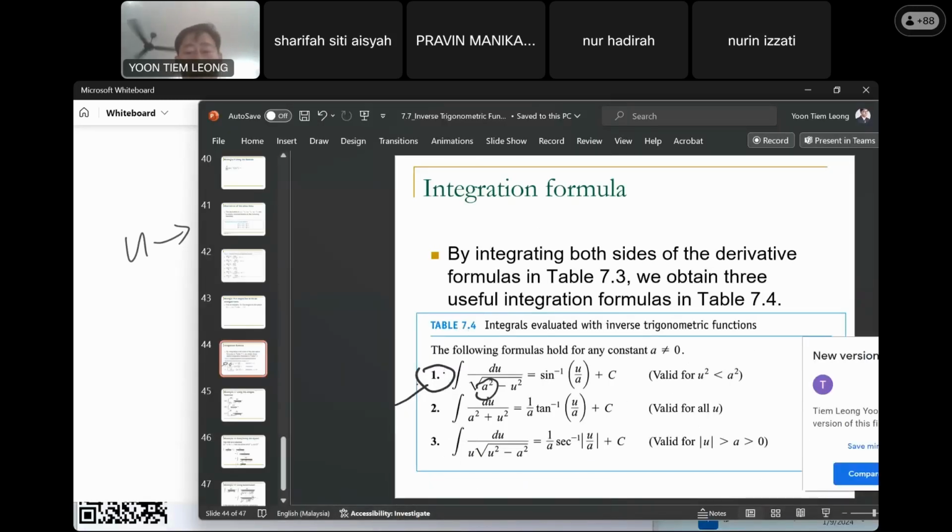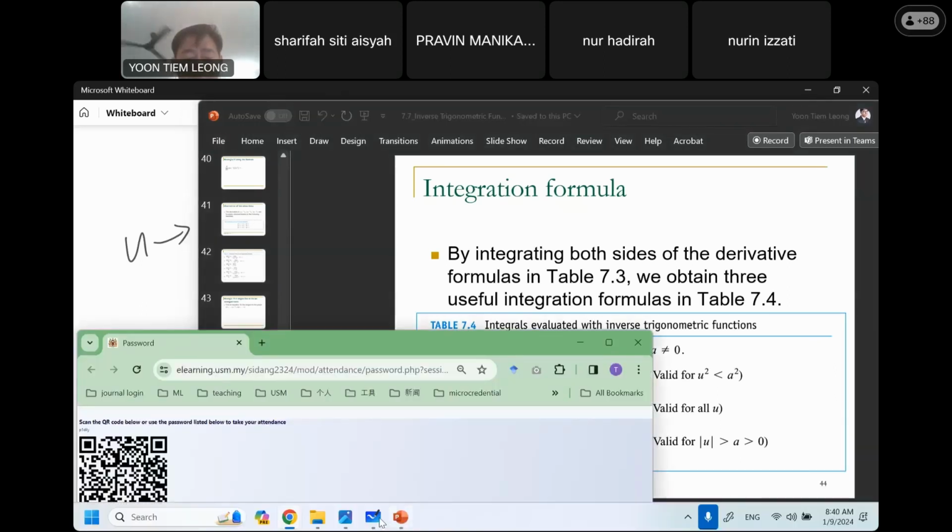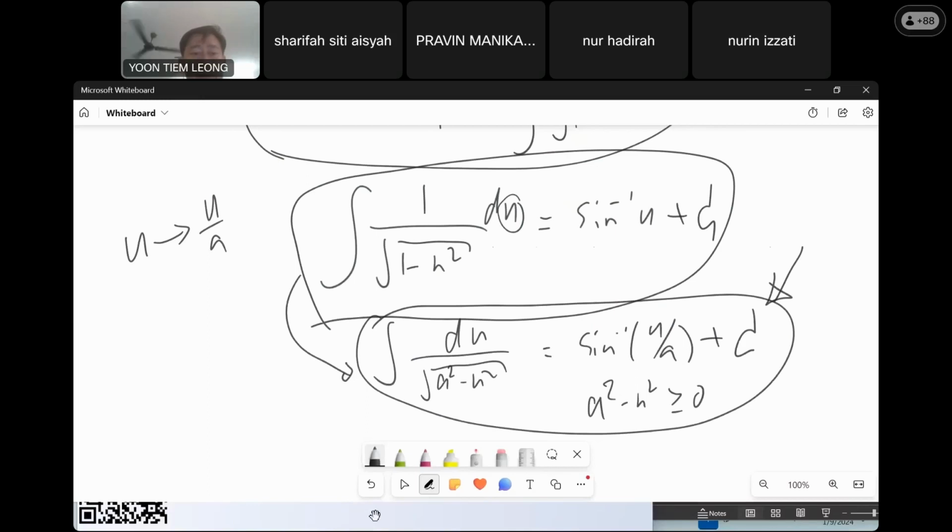This formula is obtained from the differentiation that involves the arcsine. Now, there's one more thing I have not shown you. I have not shown you exactly how to go from this formula to this formula. You can try to figure out how to do this yourself. It's actually not that difficult. Let's see if I can do it easily in this case.